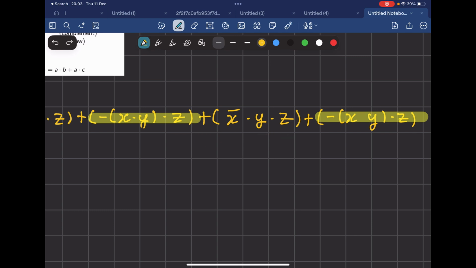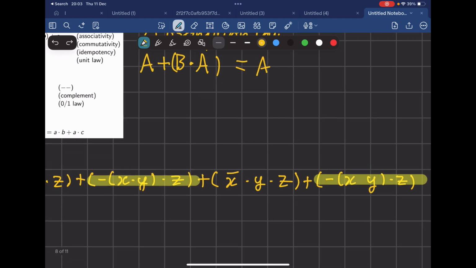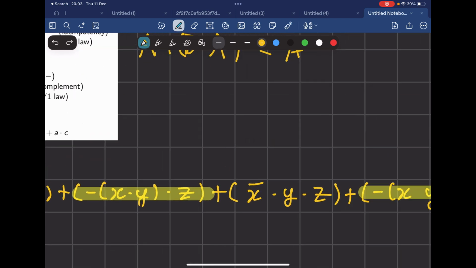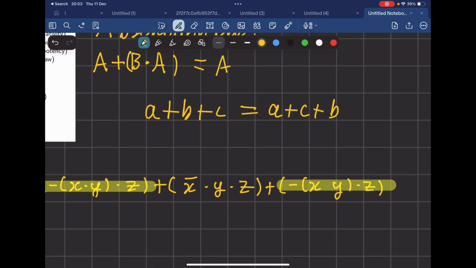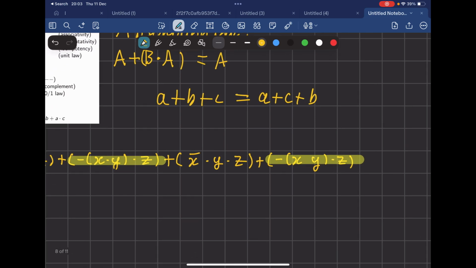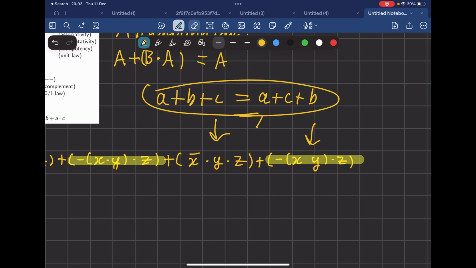So we need to use associativity and commutativity, which are properties that plus has. A plus B plus C is the same as A plus C plus B, so we can move them around. That's the point of this. So let's move this one in place of this one, just like we did with this thing over here. Let's do that really quickly.